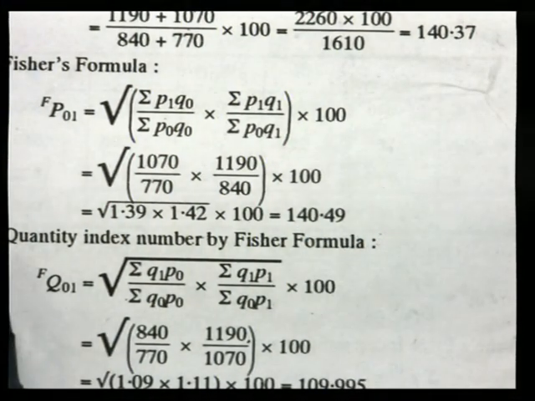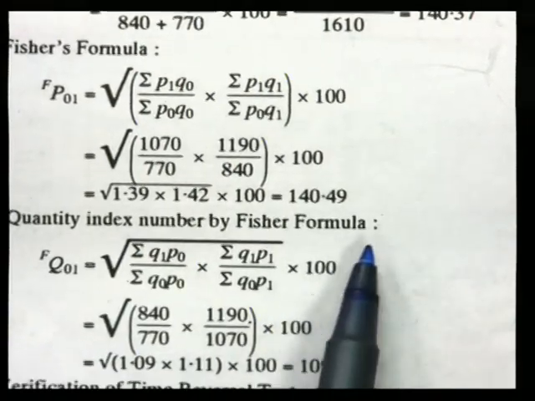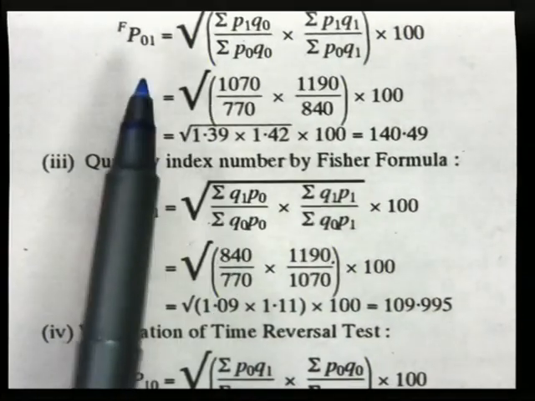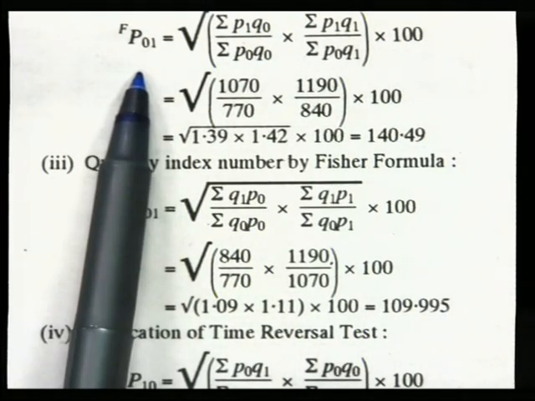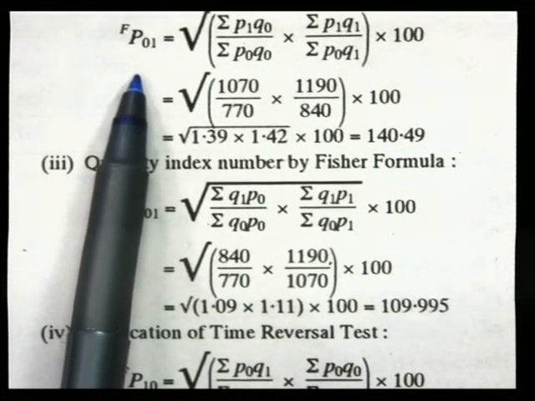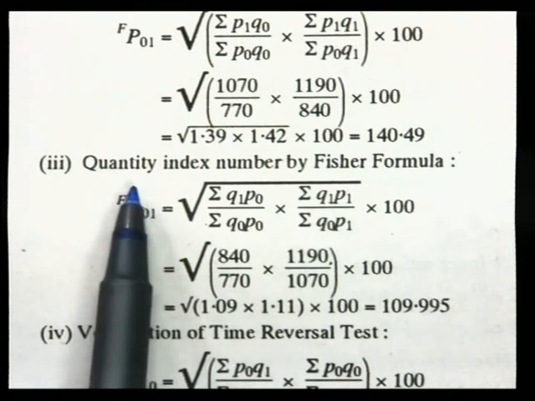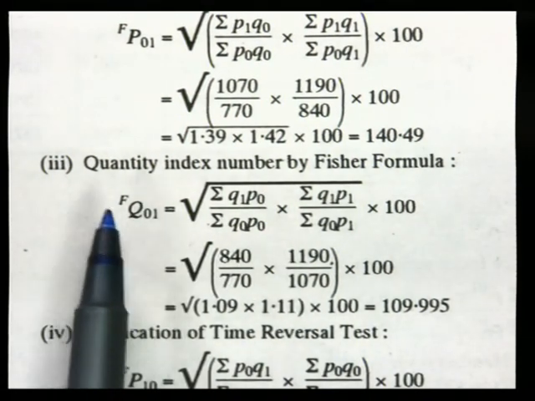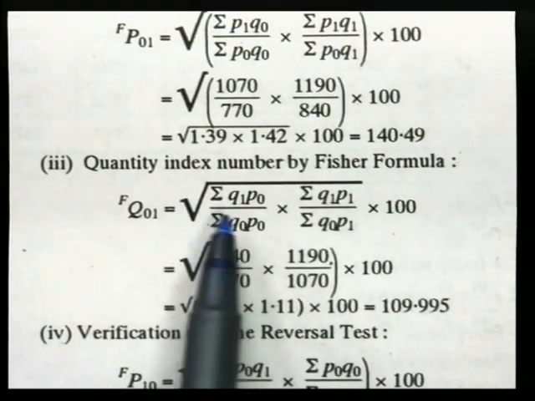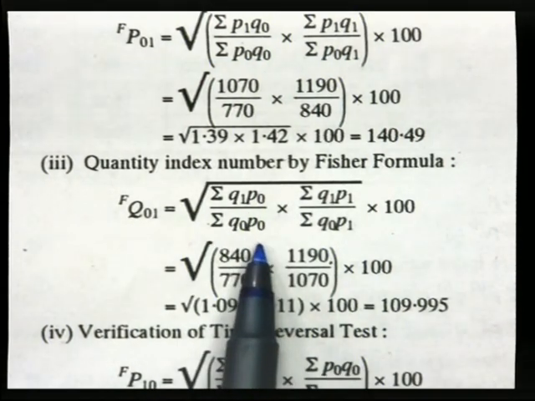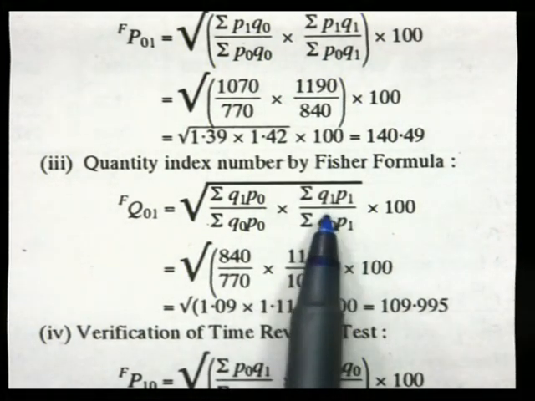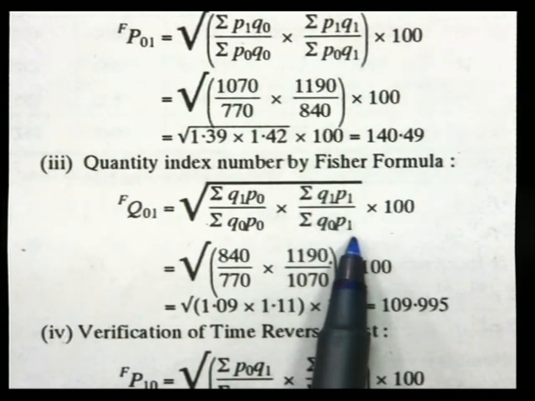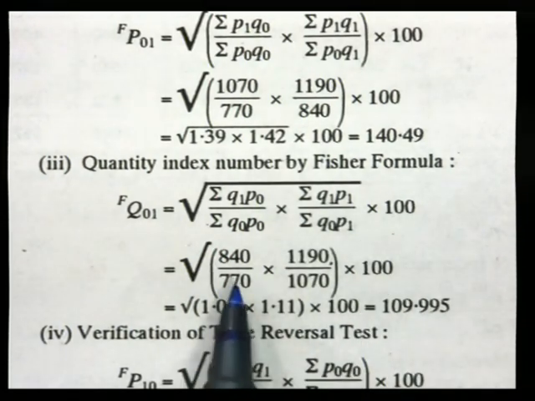Now third is the quantity index number by Fisher's formula. P01 was the Fisher's price index number. Understood? Quantity index number is Q01 for Fisher, which is square root of sigma Q1 P0 upon sigma Q0 P0 multiplied by sigma Q1 P1 upon sigma Q0 P1, and it is multiplied by 100.